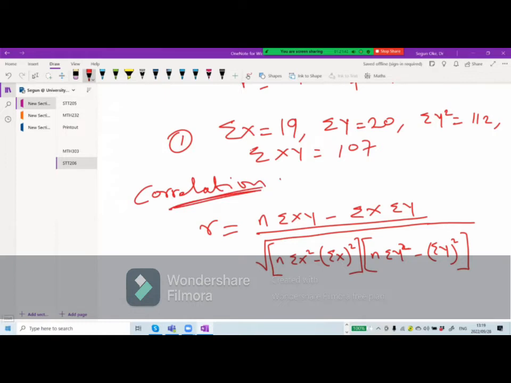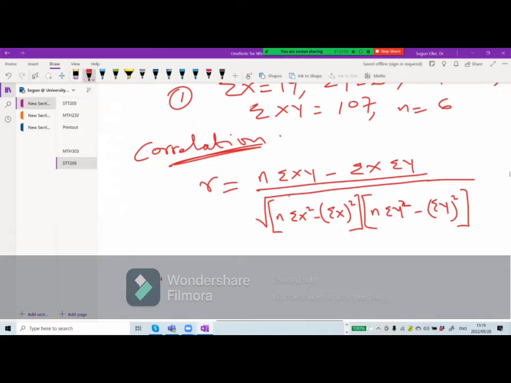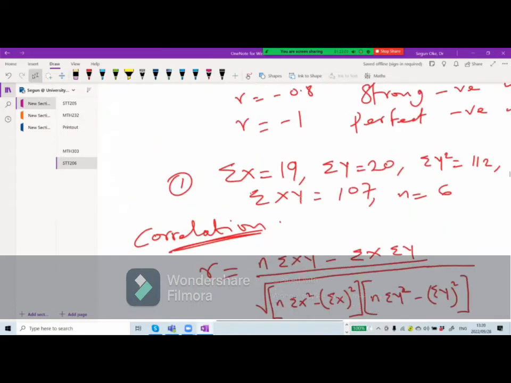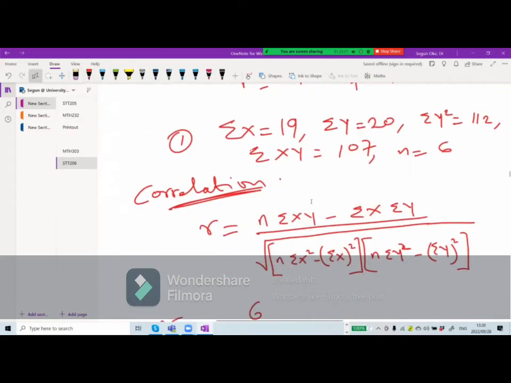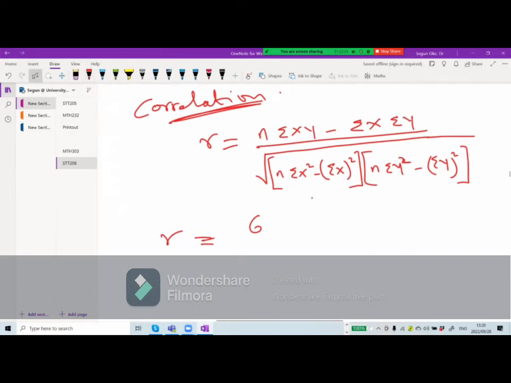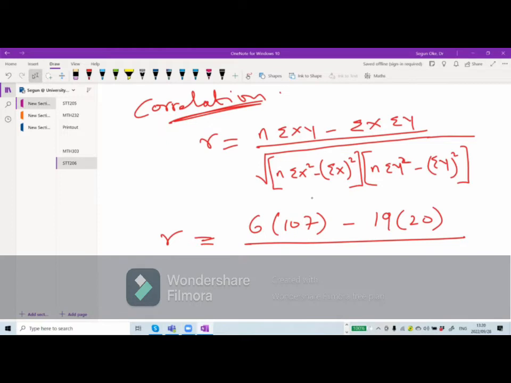So let's substitute. What is our N from the first example? N is equal to 6. So let's substitute it now. Our R equals 6 times summation XY, which is 107, minus summation X, 19, multiplied by summation Y, 20, divided by the big square root. You have to be careful at this point.